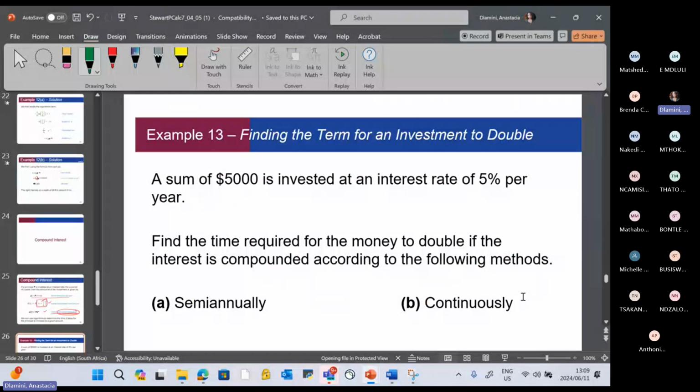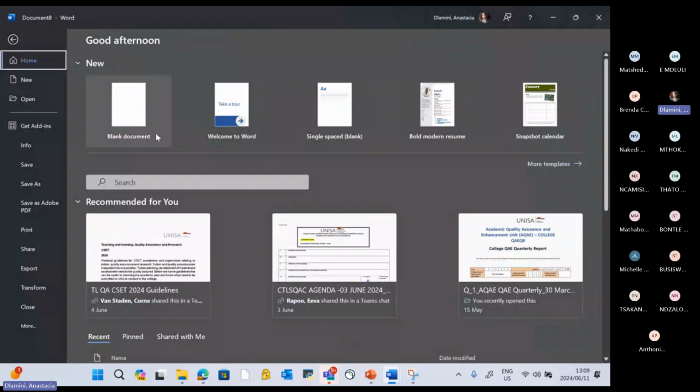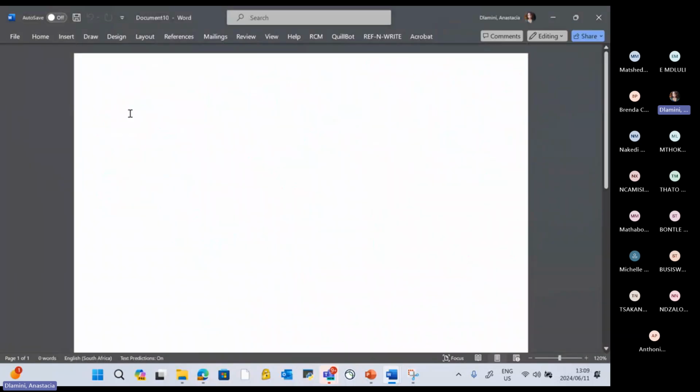Now continuously. What is the formula for continuously? Let's look at that one. They want us to find t given this. Now we are using a continuous formula. A of t is equal to P e to the power of rt, right?